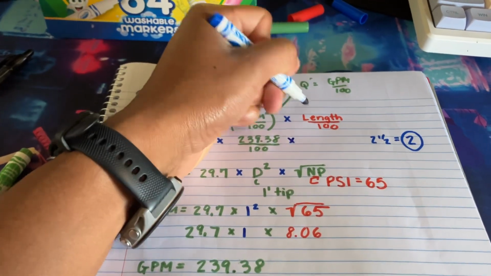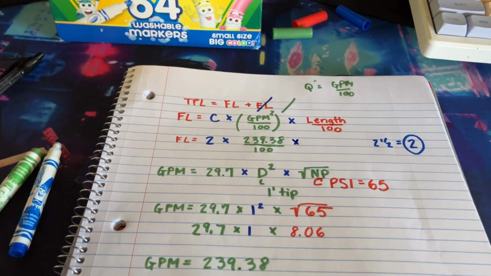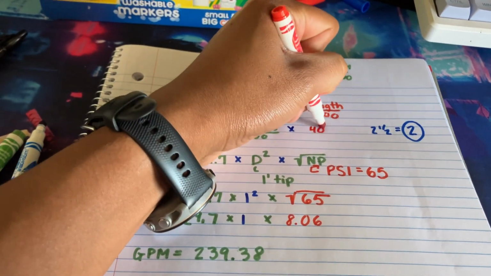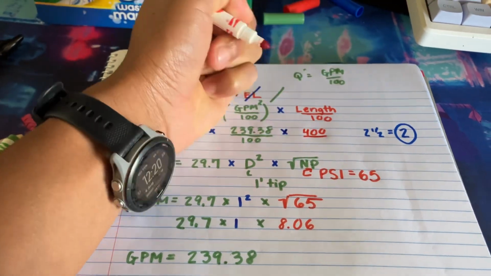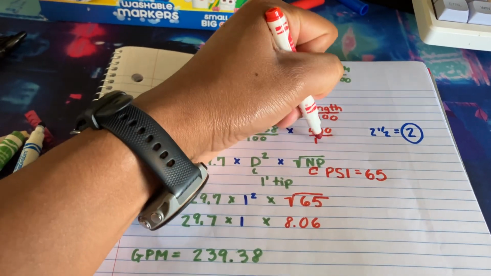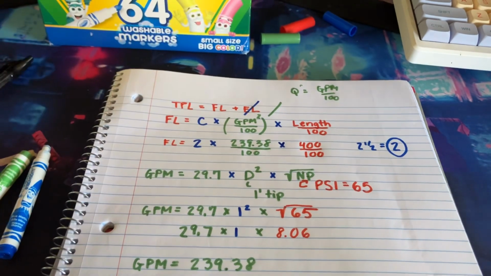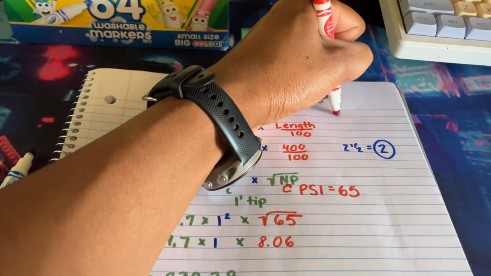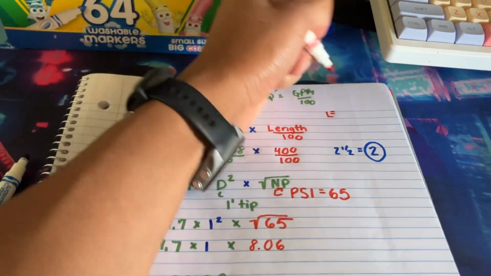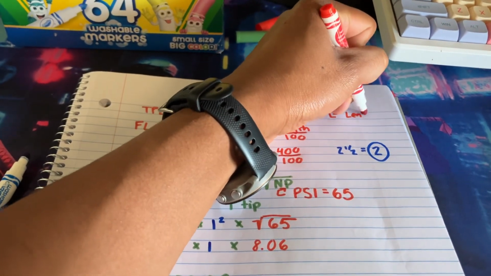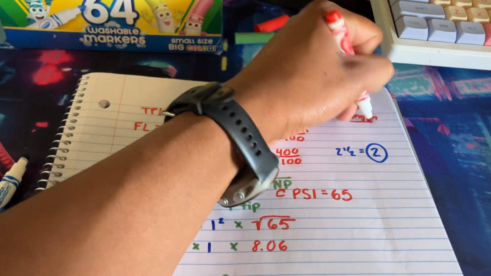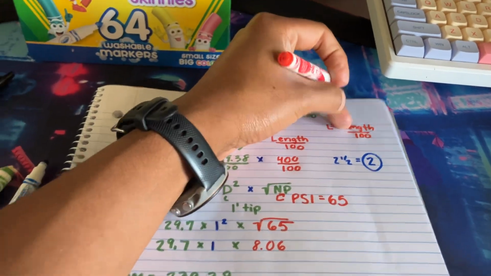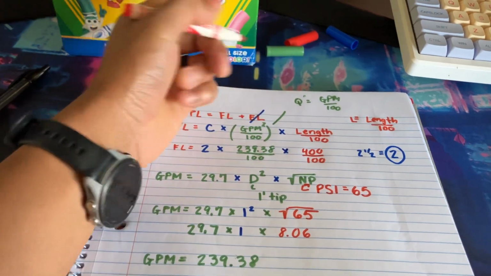Times the length of our hose, which it told us the length is 400 feet of hose, over 100. And why does it have to be over 100? It's because our length equals our length of our hose divided by 100. And so we're just taking that formula and we're plugging it in right here.